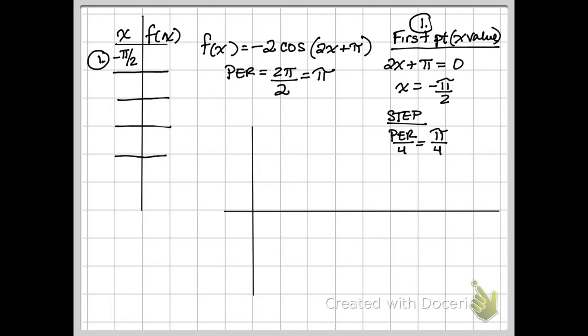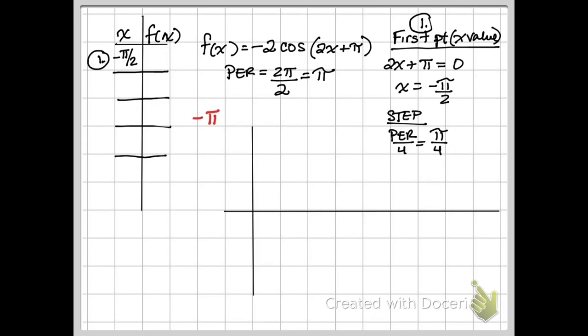And what that means is this point over here, go back to the t table, I'm going to step up pi over 4 from that point and find 4 other points. So it's going to be negative pi over 2 plus pi over 4. I can just look at that real quick.